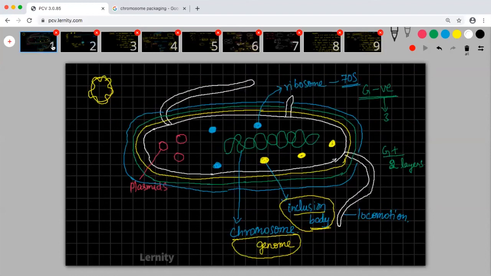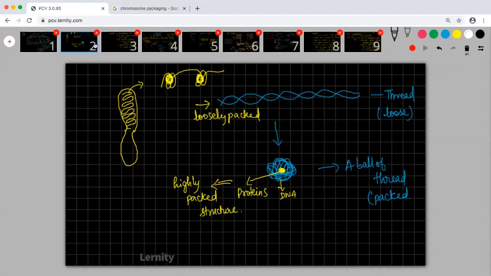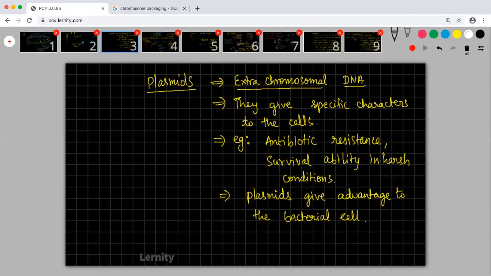Coming back to the first thing, slide 1. Then slide 2. Slide 3. Yes, heterocyst is present only in cyanobacteria. Heterocyst is a special structure which helps in nitrogen fixation. This is slide 3.